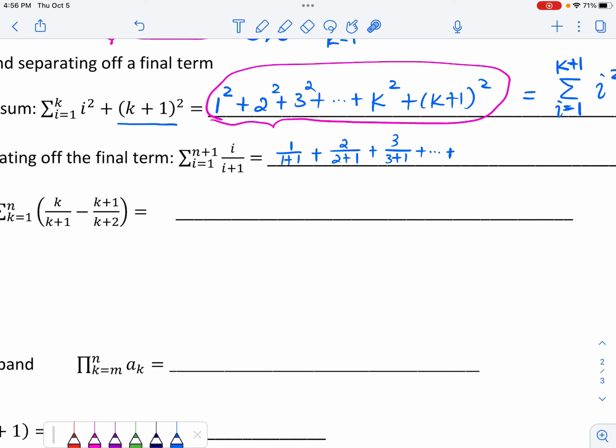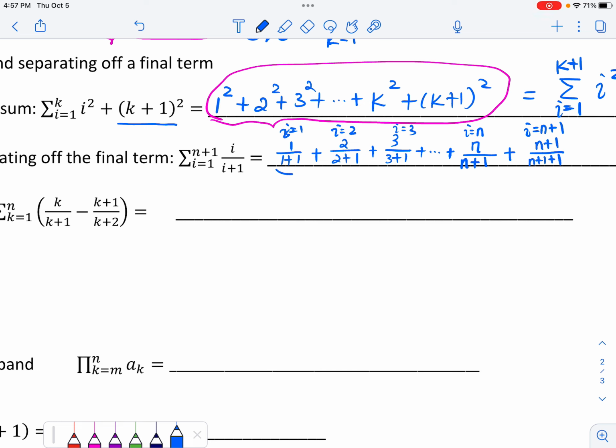And when i is n, you get n over n plus 1. Then you have to increase this by 1, so i will be n+1 for the next term. Then you should stop because that's the upper limit. So you have (n+1) over (n+1)+1, which is n+2, right?